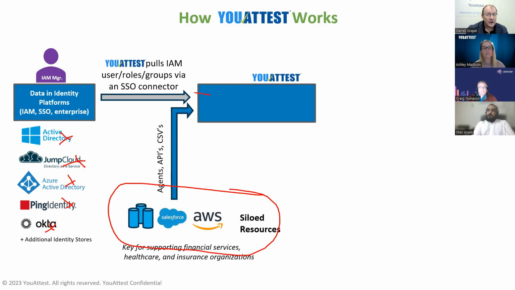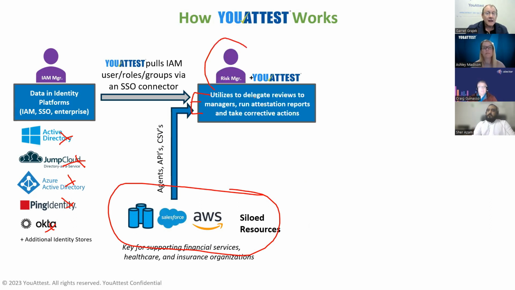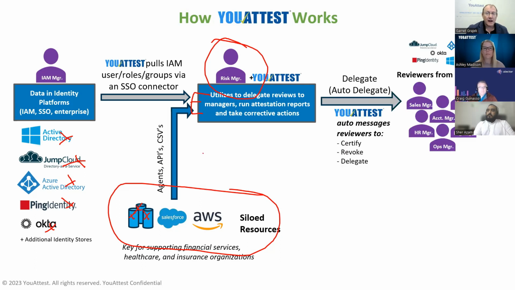Now you have what we call the big E, all the entitlements. And the risk manager, in this case, Craig, he sits there and he can say, okay, I want to audit my IAM, my Azure AD. No, today I'm going to audit all these other apps that aren't connected. And the product automatically does it. That's what YouAttest does.